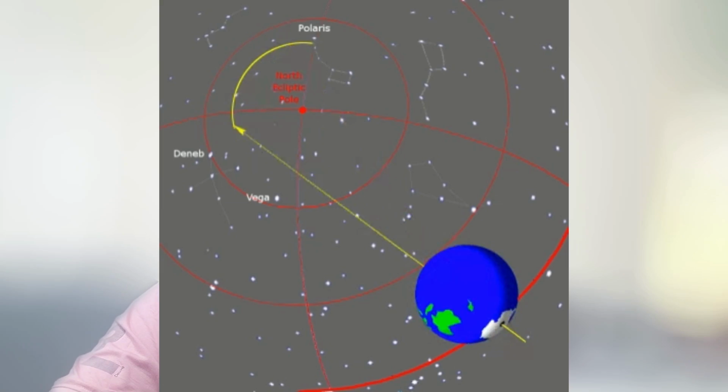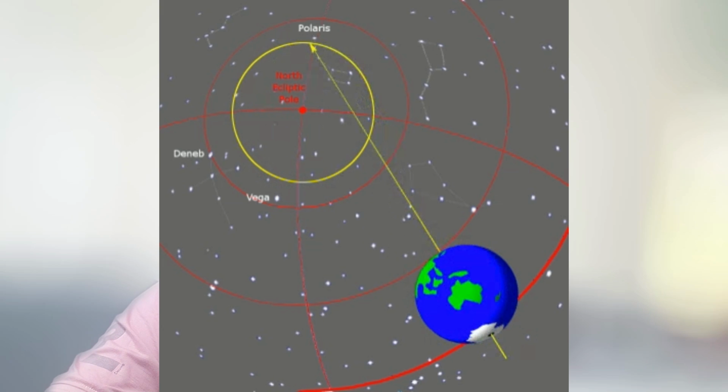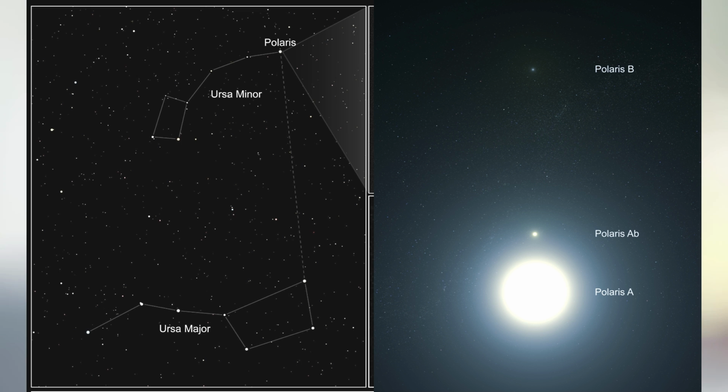So in exactly 25,727 years from today, the axis of the Earth will make a large circle in the celestial sky and come back and point towards Polaris once again. But now, for another 1,000 years or so, Polaris will keep shining as our pole star.